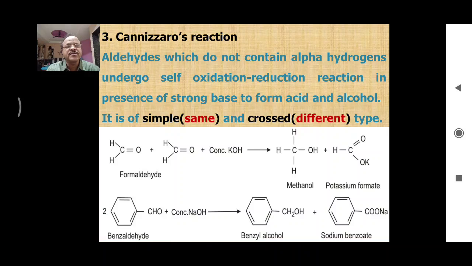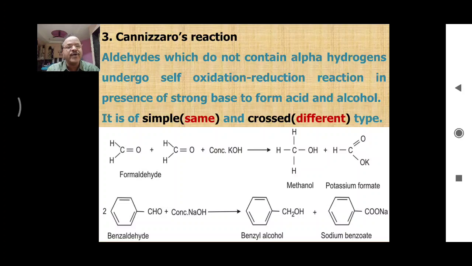Now let's discuss the third reaction, called the Cannizzaro reaction. What is the statement of this Cannizzaro reaction? Aldehydes which do not contain alpha hydrogens. This is very important. In aldol condensation, alpha hydrogens were essential in case of aldehydes or ketones, but in Cannizzaro reaction, aldehydes should not contain alpha hydrogens.